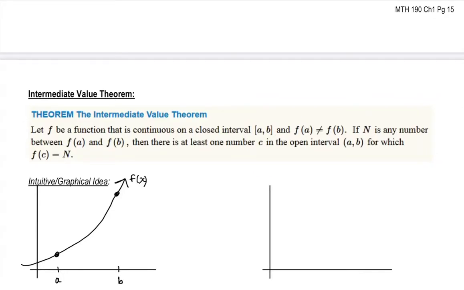If I take a look at where those output values would be, this would be f of a, and this would be f of b. They are clearly not equal to each other, so we're good so far.